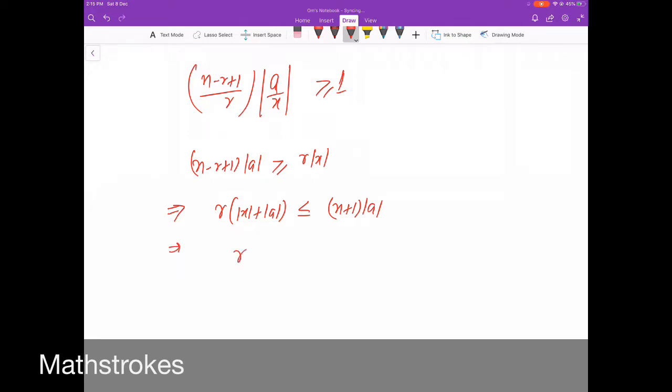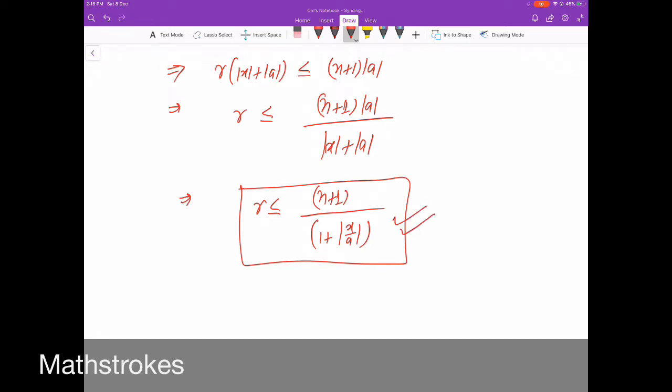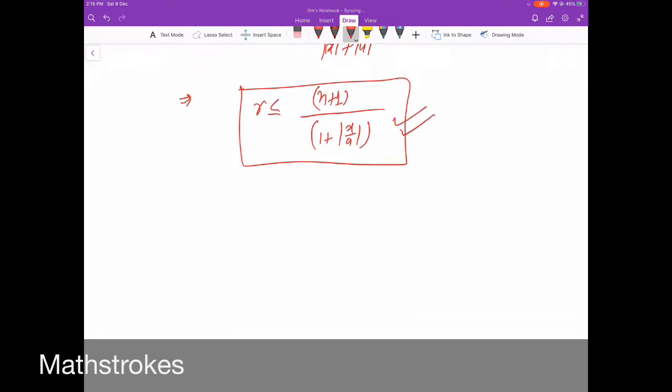Or r is less than or equal to (n+1) mod a upon (mod x + mod a). Again I can write r is less than or equal to (n+1) upon (1 + mod x by a). So this is the relation by which we will be finding the value of r.